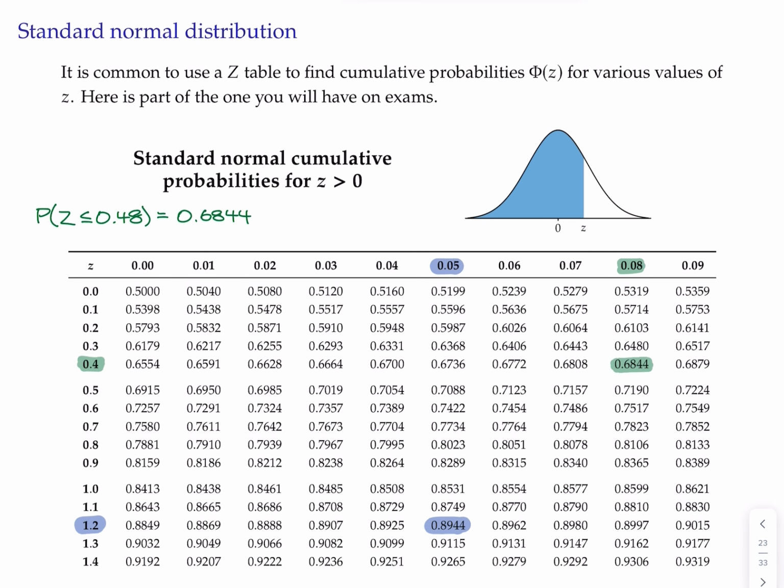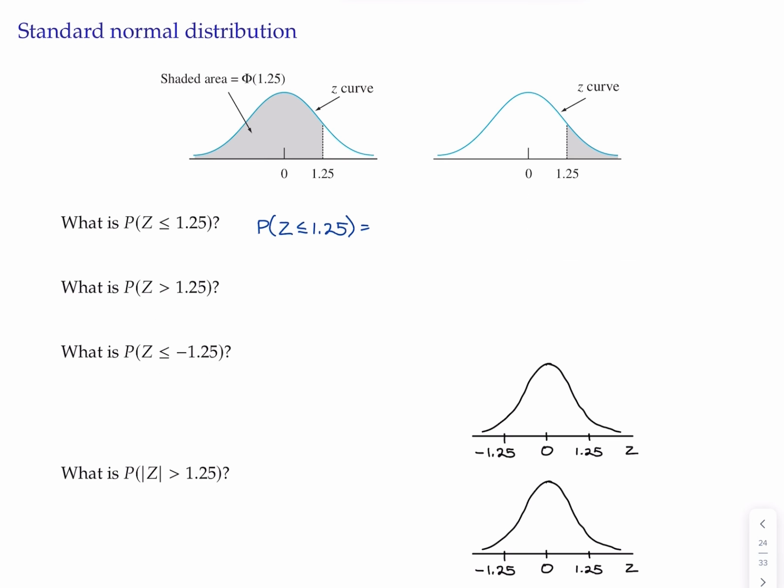All right, great. That's our answer to the first one. Okay, the second one. What's the right tail probability to the right of 1.25? This gray area right here. So let's just use the complement rule. Total area under the curve has to be 1.